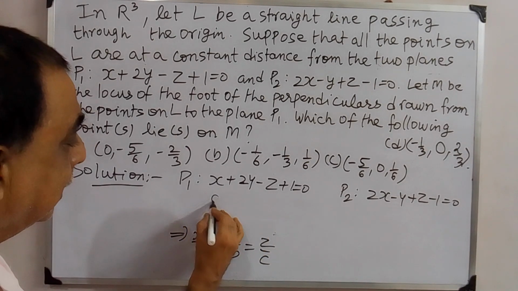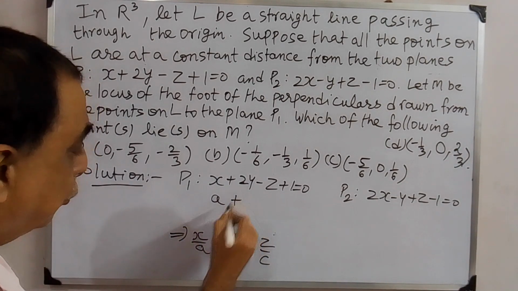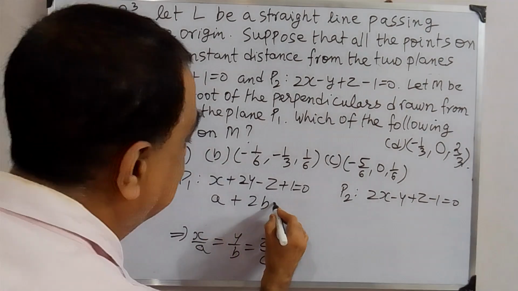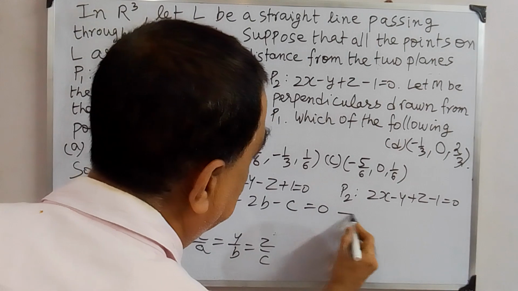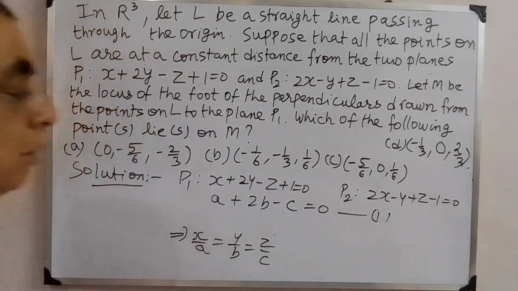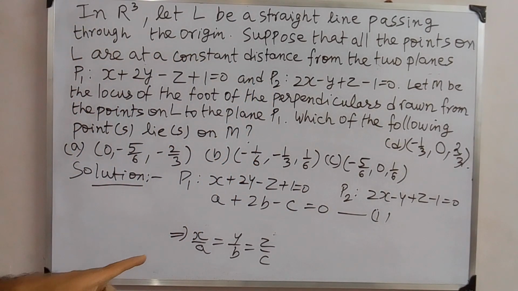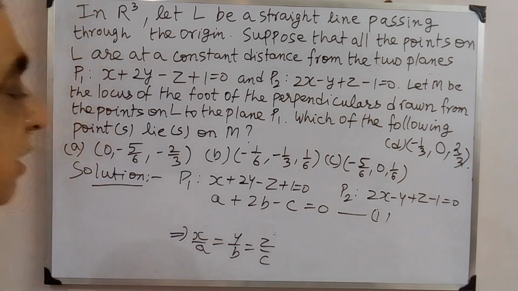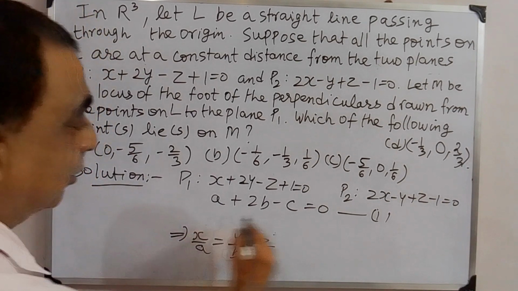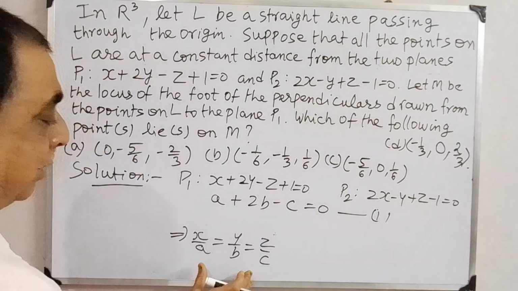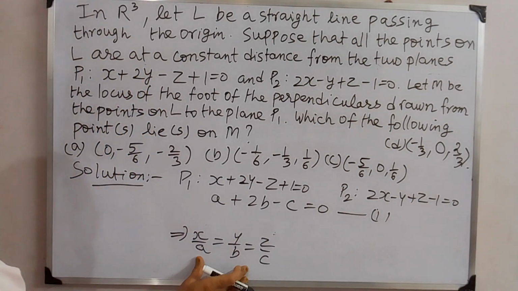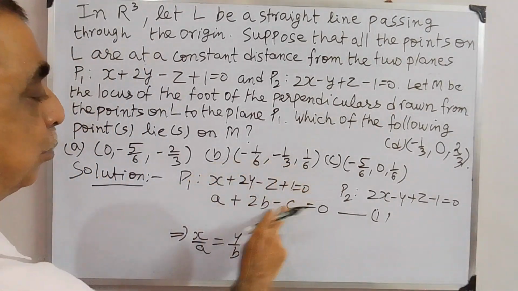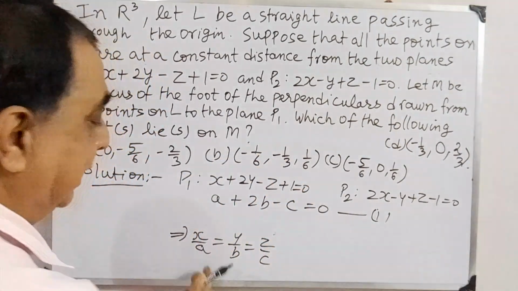So A into 1, A, plus 2 into B, 2B, minus 1 into C, minus C, will be 0, because the dot product of two vectors is 0 when they are perpendicular to each other. This is the dot product of the vector parallel to the line and the vector perpendicular to the line.